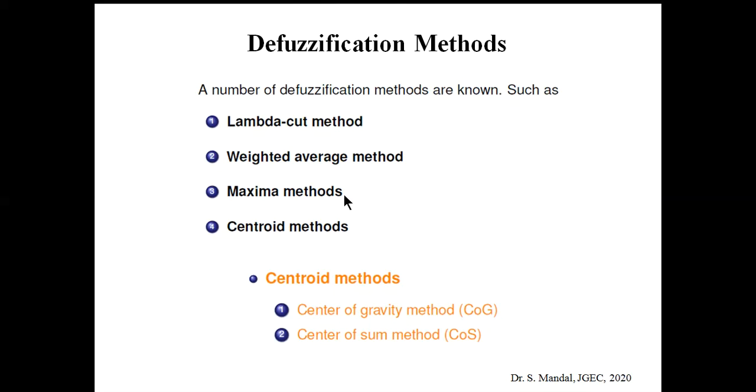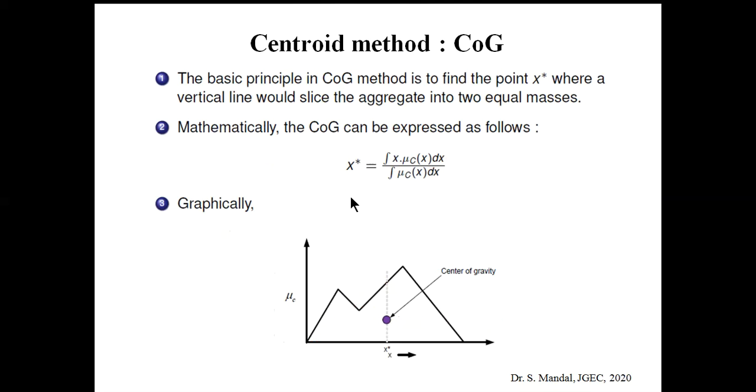So in this class, we will basically discuss two types of centroid methods. First is the center of gravity method or COG, and the second one is the center of sum method, that is COS. So we will focus only on these two types of defuzzification process for our particular FLC or fuzzy logic controller system.